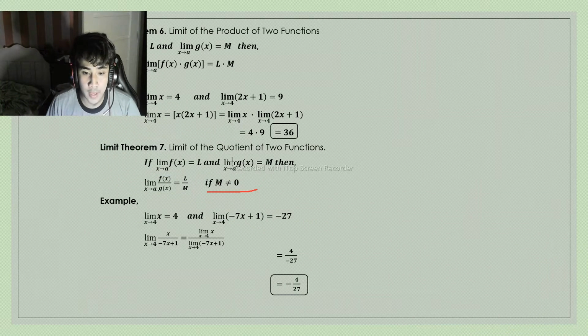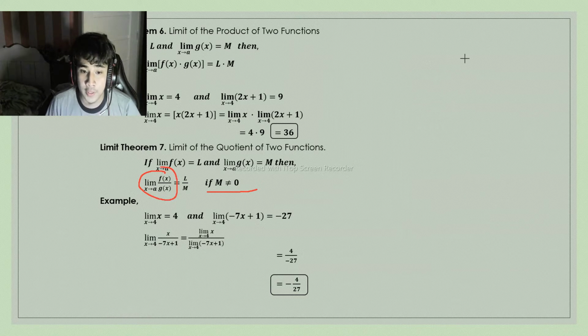negative 27. So we substitute the value of x, 4, to the value of x on our two functions. So gagayahin natin tong formula na to, isa-substitute natin yung value ng two functions na yun.